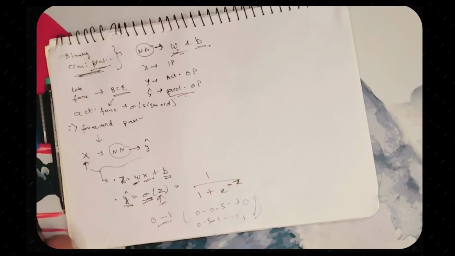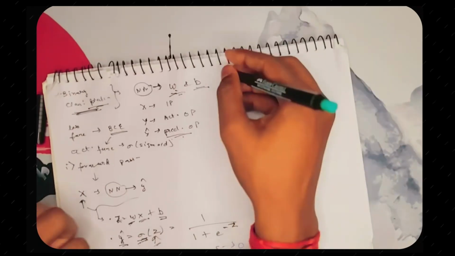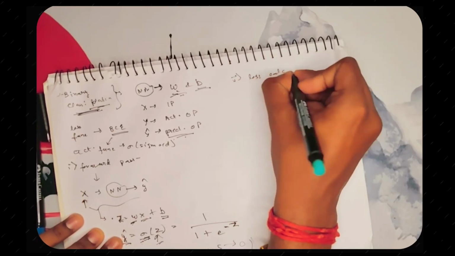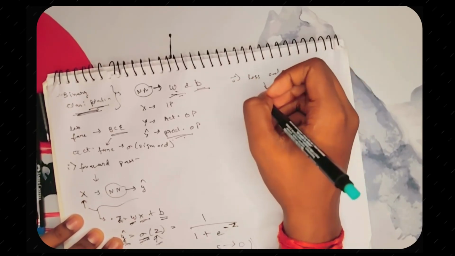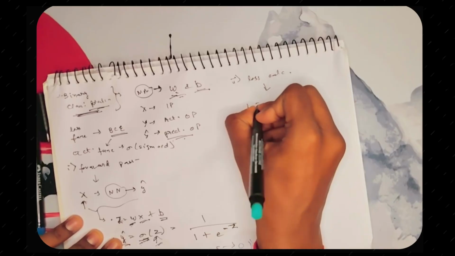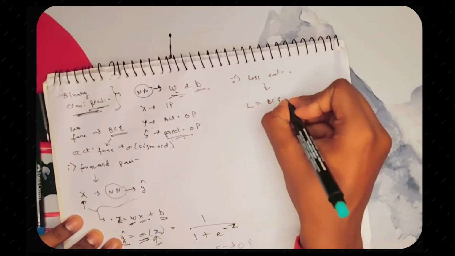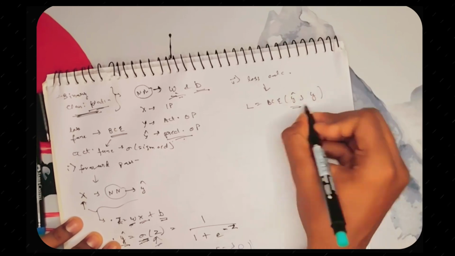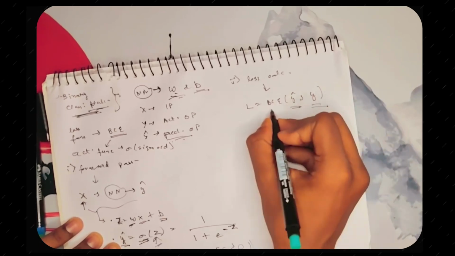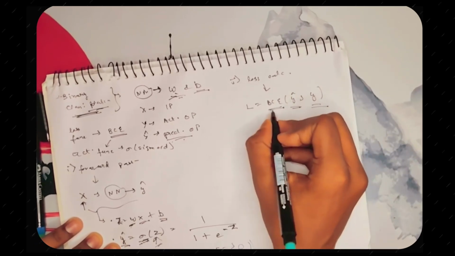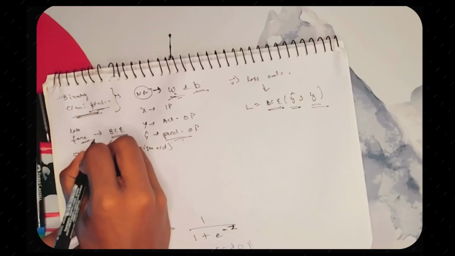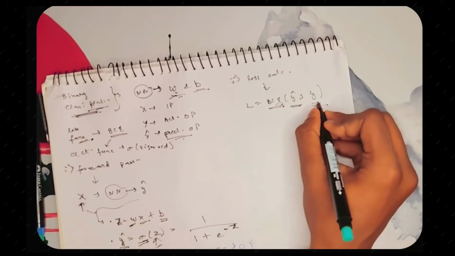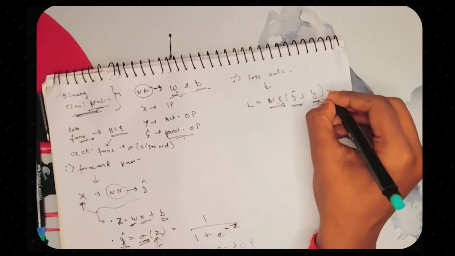The next step is loss calculation. So what do we do here? We calculate our loss by passing y hat and y, which is my predicted output and my actual output, to BCE. Why BCE? Because BCE is my loss function. This function takes my y hat and my y and returns a number.